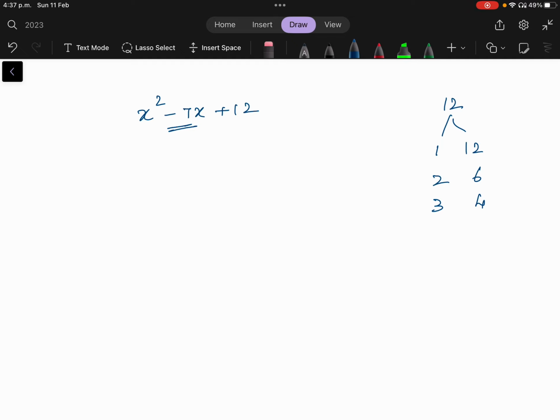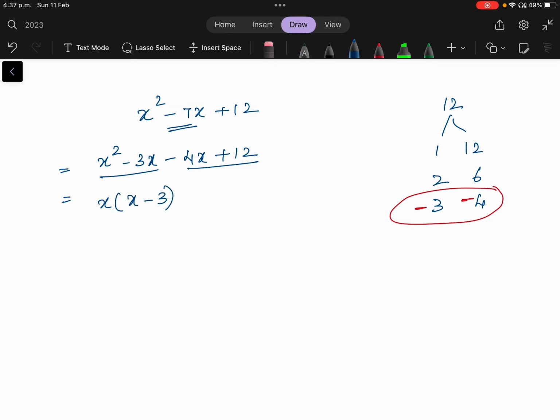Try out the number combination which added together will get minus 7. I understand that it is minus 3 and minus 4. So this combination will work. I can write this as x square minus 3x minus 4x plus 12. Then I combine these two: x times x minus 3, then minus 4 times x minus 3, that is equal to x minus 4 times x minus 3.